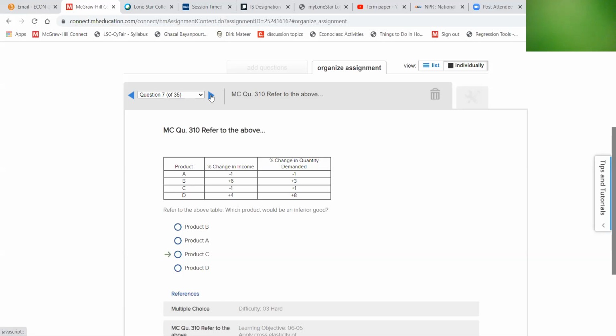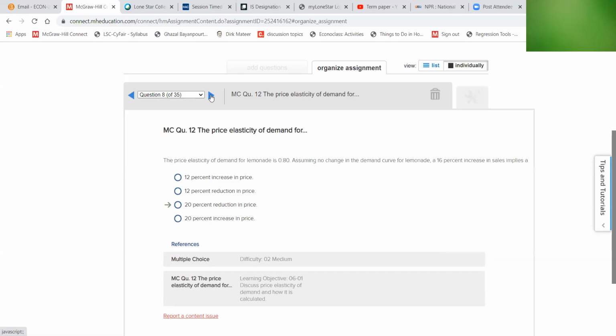So the sign of income elasticity is again positive, suggesting that B is normal. Look at D. Again, +8 divided by +4. So the sign for income elasticity one more time is positive, suggesting that D is also normal. Only C is inferior because +1 divided by -1 is negative. So the income elasticity is negative, and C is inferior.